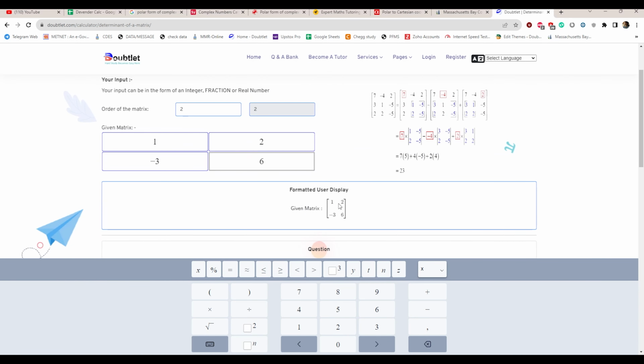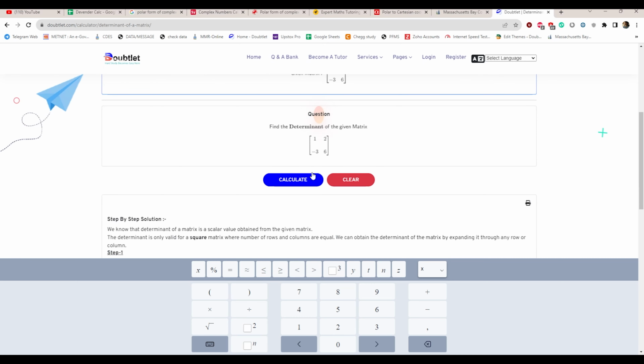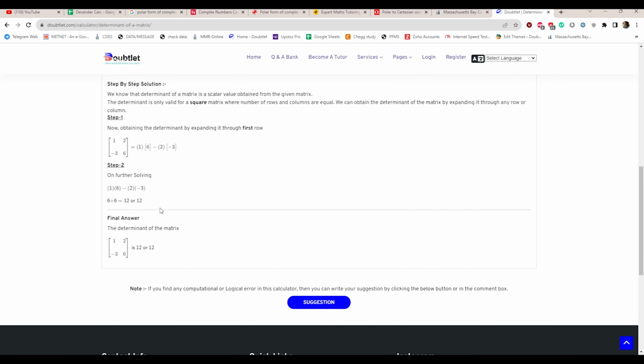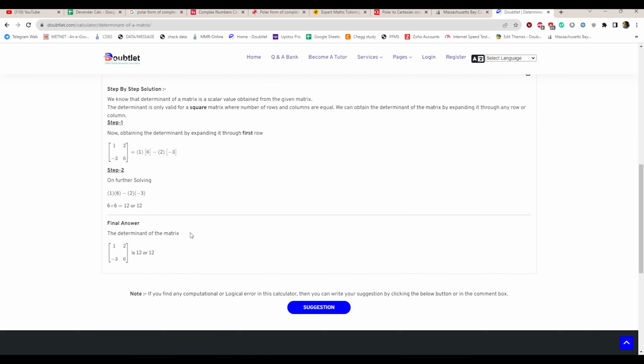So here the matrix is displayed, and we find the determinant. The answer is 12, and we have also found 12, and here is the step by step explanation.